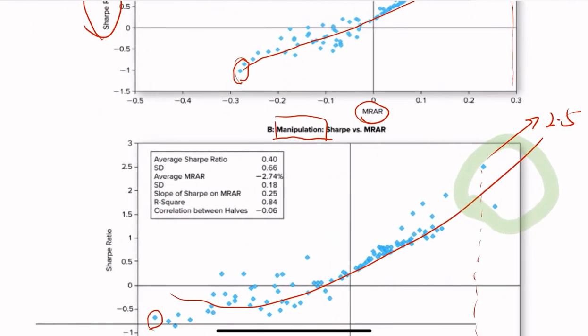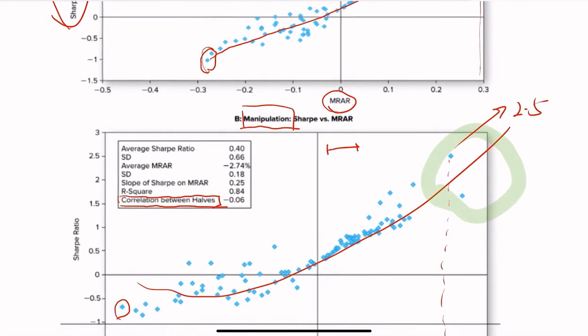The reason is you can see this correlation between halves. This basically means you have the first half and you have the second half period, right? And you're looking at the correlation of returns between the first half and the second half.